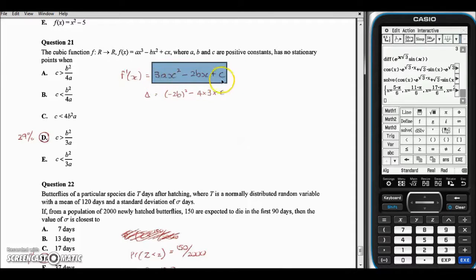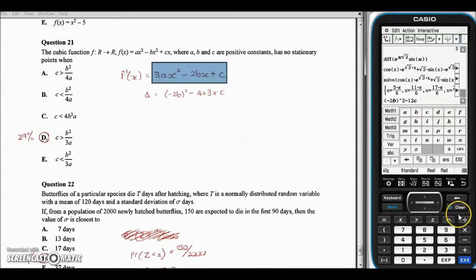This will have no solutions when the discriminant is less than 0. The discriminant is given by b squared minus 4ac, which is minus 2b, squared, minus 4 times 3 times c. So I can solve that in the calculator. Negative 2b squared is positive 4b squared, minus 4 times 3 is 12, minus 12c.